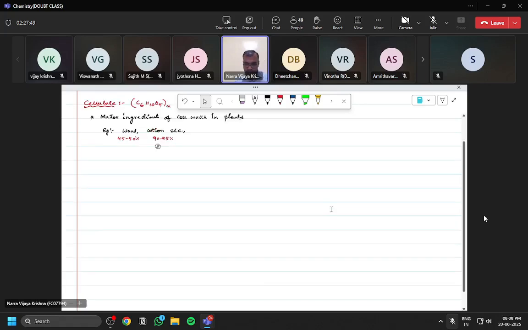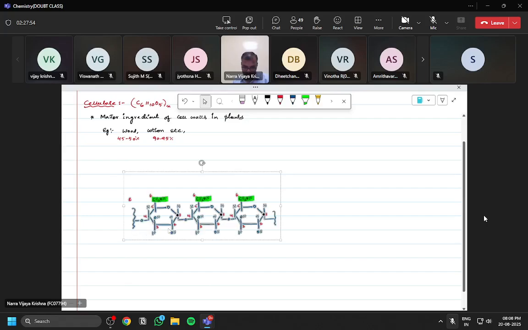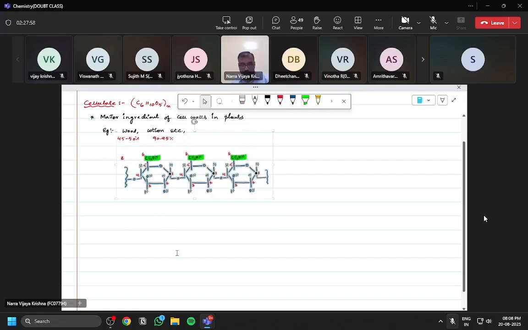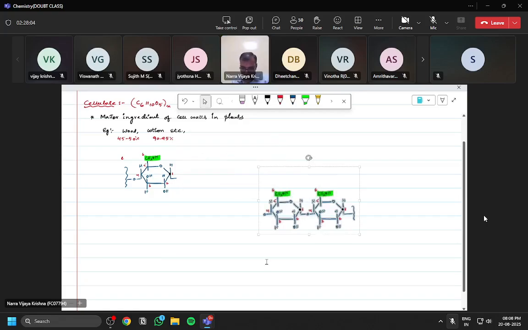Now if you see its structure, all these are alpha linkages, right? Now I am changing it. I am writing OH here and H here, right?